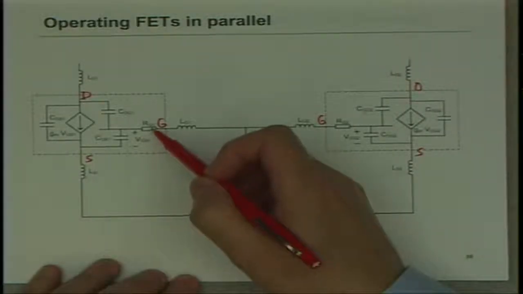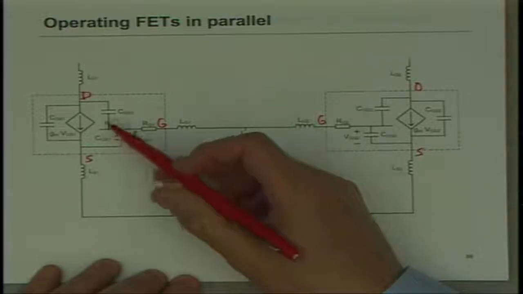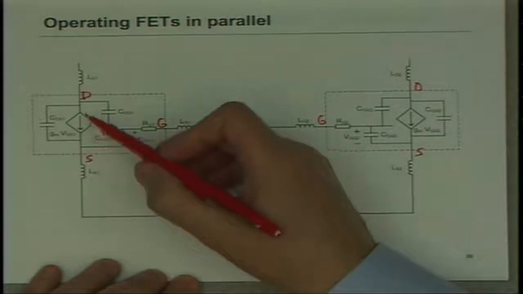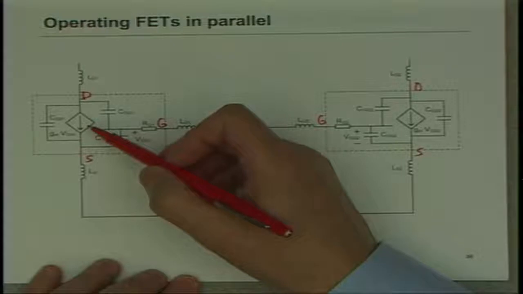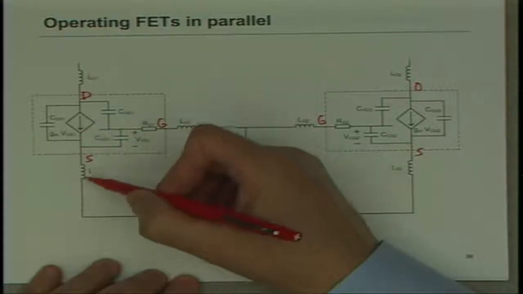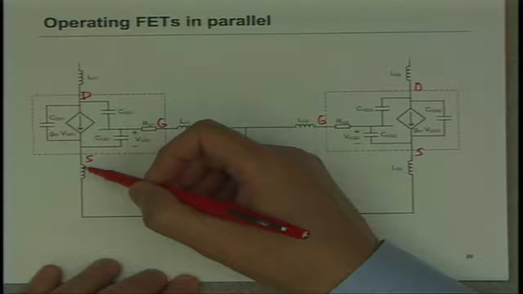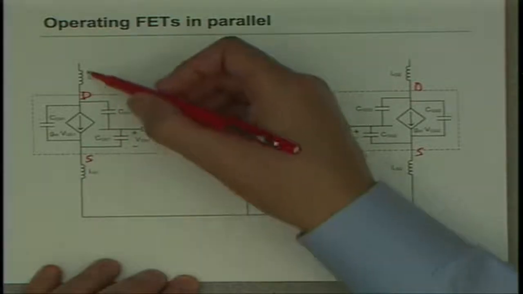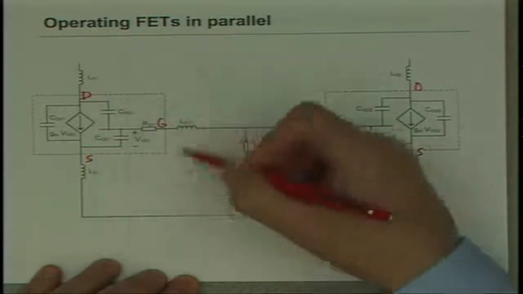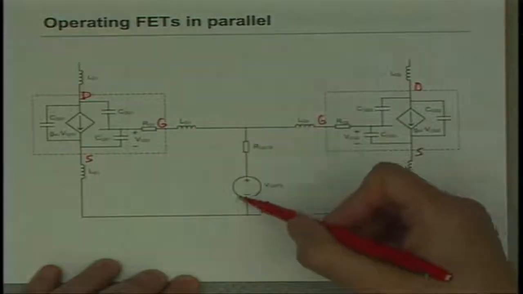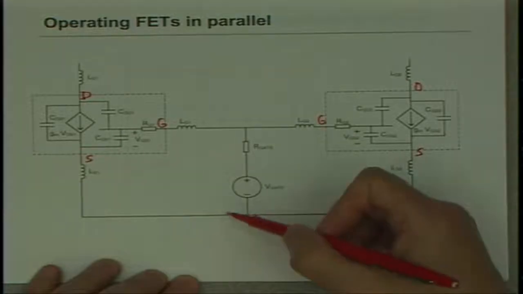I have some internal RG, these nonlinear capacitances, and basically a current source is how this is modeled. And I've got parasitic wire bond inductance, maybe only a few nanohenries, but guess what? It makes a difference. Same thing on the drain and source, and my gate interconnect. And I'm driving it through this whole loop.